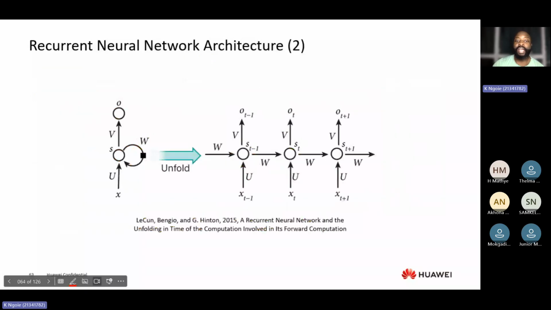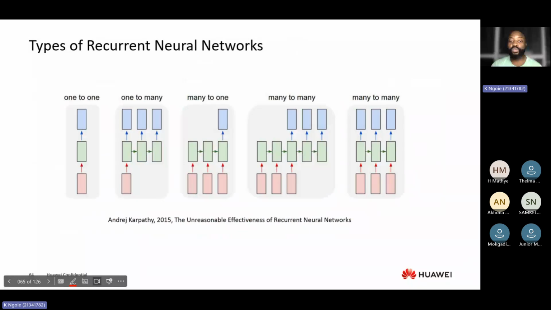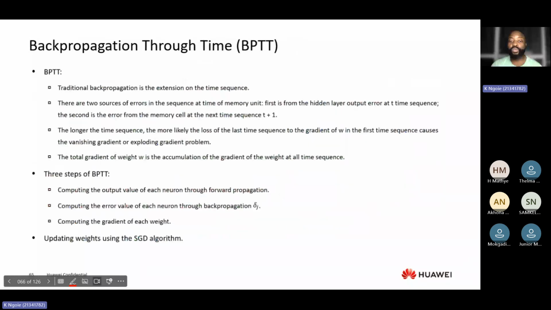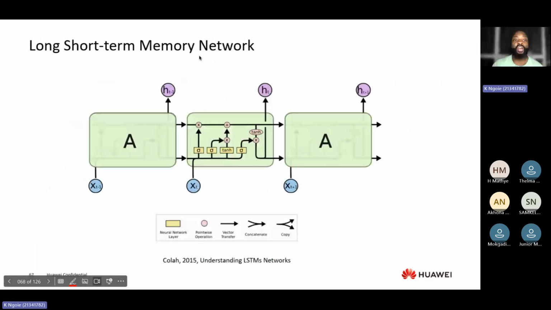But as we're moving through the network, we get to a point where the network can now forget. So that's where we're going to have a long short-term memory network, where we introduce a different structure in a network. So LSTM is just a way of solving the memory problem in RNN.